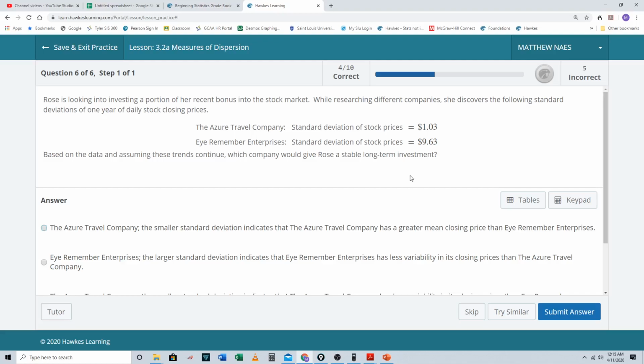Now, standard deviation is the average amount of change. So if you want the stablest stock, you want to pick the one that has the smallest standard deviation. The reason they call it the stablest is because it doesn't change that much.